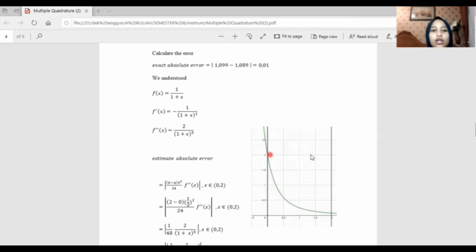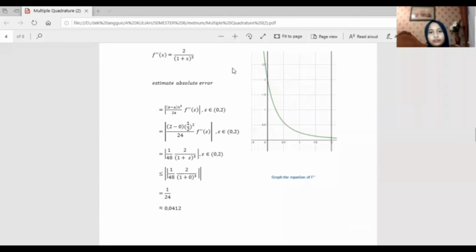So the estimate absolute error is with the formula in the first page that I showed you before. Estimate error equals the absolute value of b minus a times h squared over 24 times the second derivative at epsilon, where epsilon is an element of the interval 0 to 2.